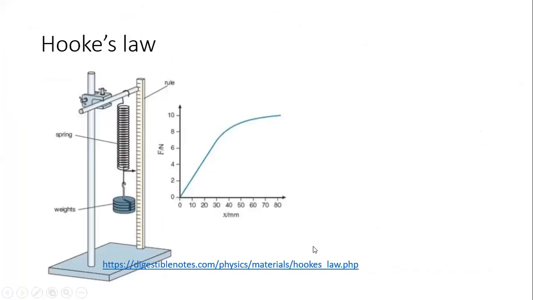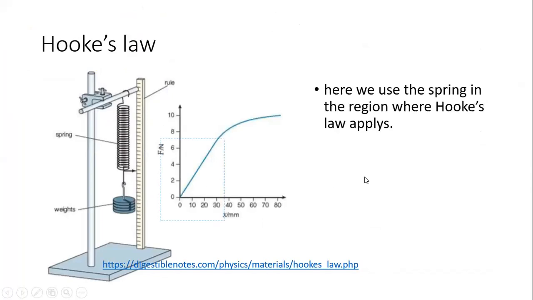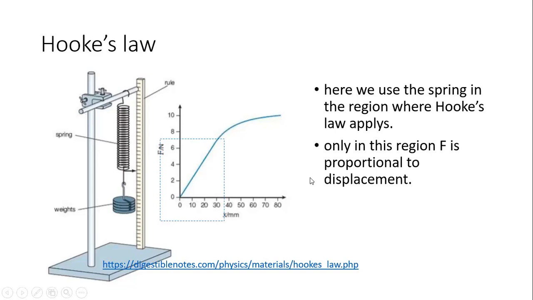If we plot a graph, that's how we do it in the lab. There's our graph. We are interested in this region, where the spring obeys Hooke's law. That means the straight line region. Not interested in that part there. Only in this straight line region is the force proportional to the extension.